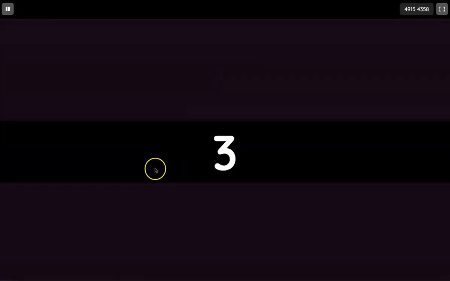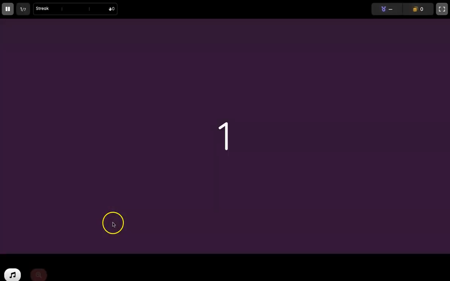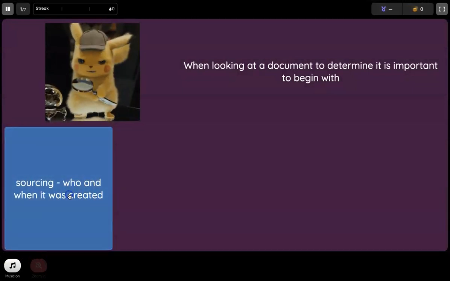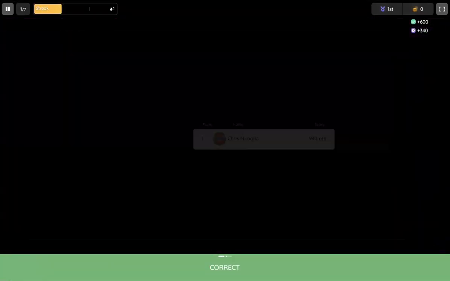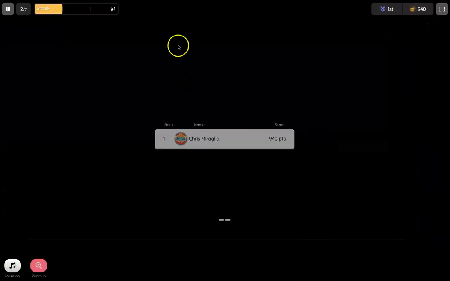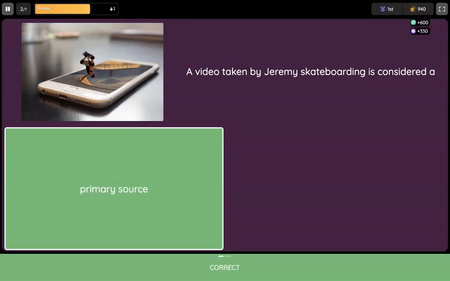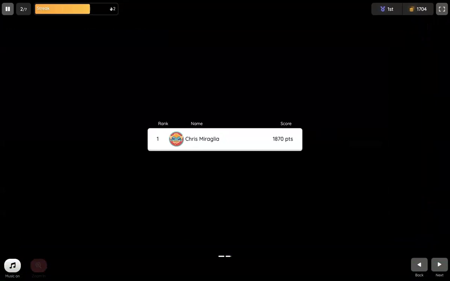The questions are related to primary and secondary sources and history skills. So you can see what they would be doing with their Quizizz.